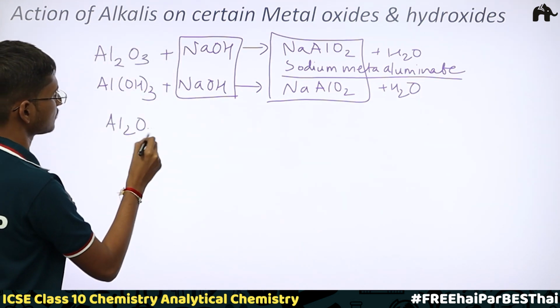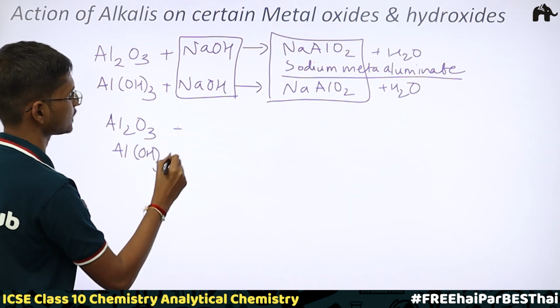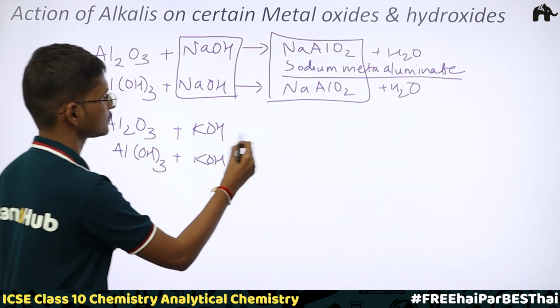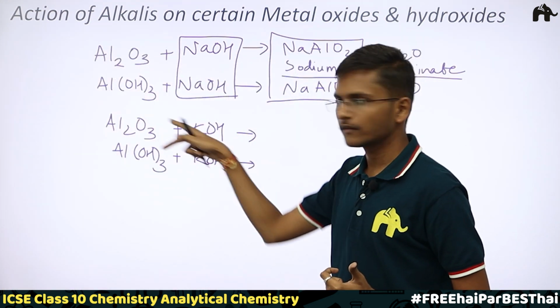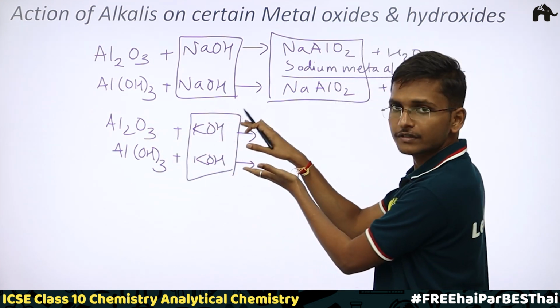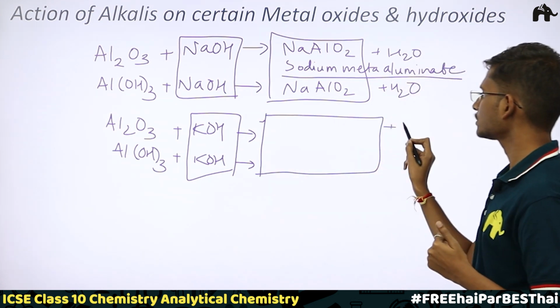Now the same, its reaction with KOH. I am taking the aluminium oxide and aluminium hydroxide and treating them with KOH. Same trick we are going to apply. This oxide and this hydroxide of aluminium, if we are treating them with the same reagent, give us the same salt and water.